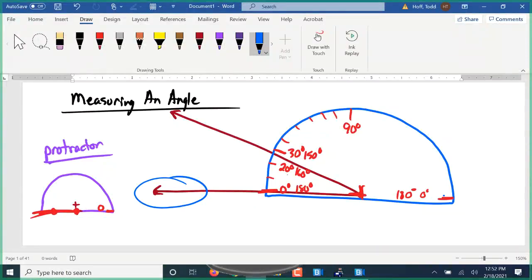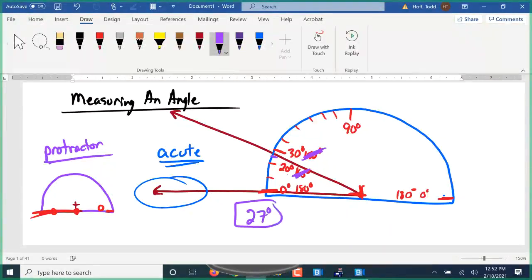The easiest way to remember which set of numbers to use is to look at the angle. Is this angle acute or obtuse? Well, it is an acute angle, which means it's less than 90 degrees. So it cannot be the 150 or the 160. So this is between 20 and 30. That would be 25, so it's looking like about 27 degrees is the measurement of that angle.